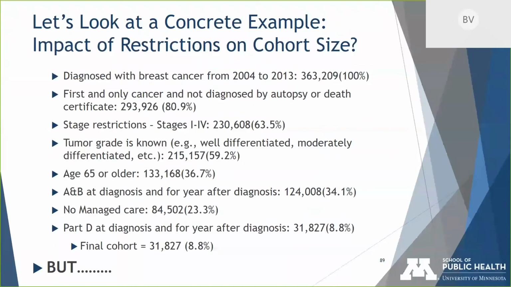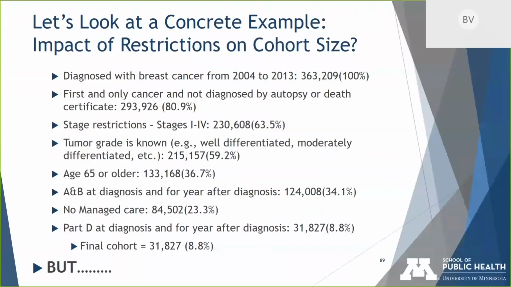And I want to point out where we put the age restriction, the age 65 or older. We kind of purposely put it in the middle here, and you can see that we suddenly lose about half of our cohort here. And this can be kind of like that glasses half full, glasses half empty situation because of just the nature of how we've built out this cohort.